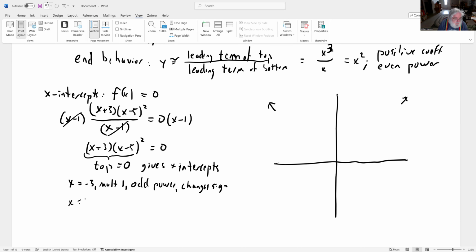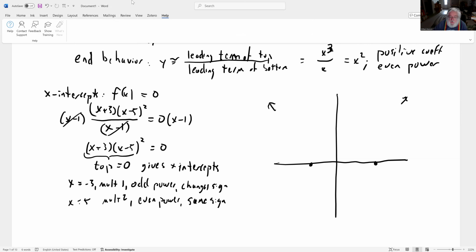And we have x equals 5 with multiplicity 2, which is an even power, which means that the function does not change sign. Actually, we want to use a slightly different language for that. It means same sign. So over here somewhere, there's an x-intercept at minus 3. And over here, there's a 5.